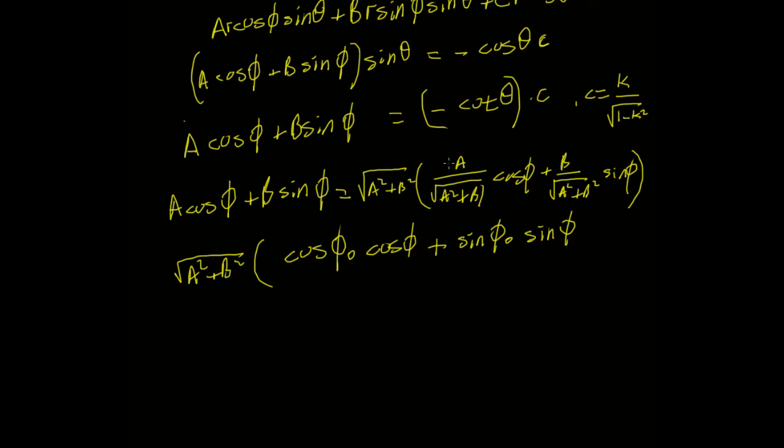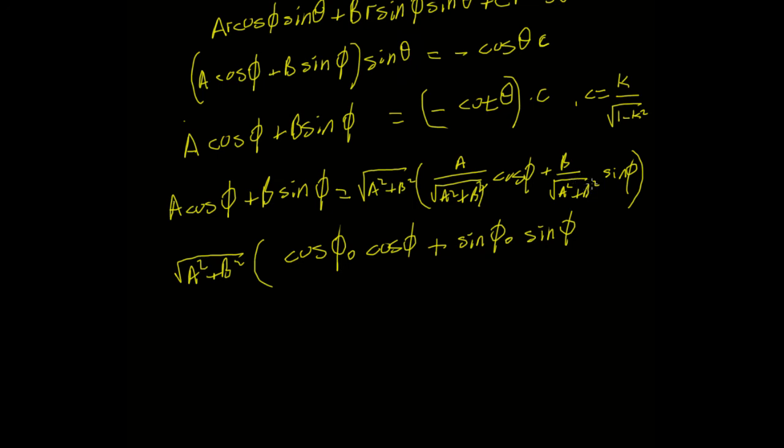Again, just put that into a little triangle and put A and B on one side and a squared plus b squared on the other, and you'll see that that will give you your cos and that will give you your sine.